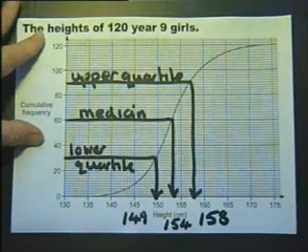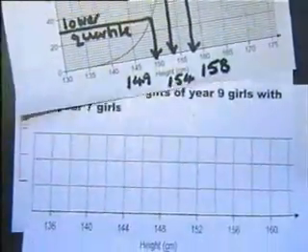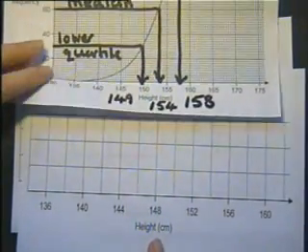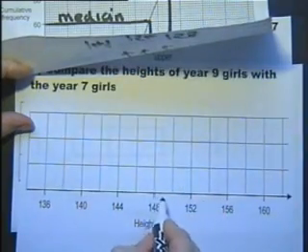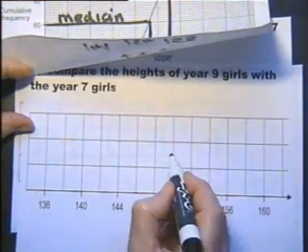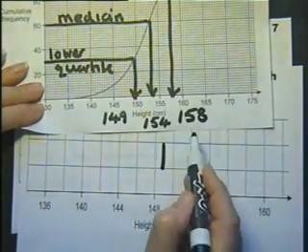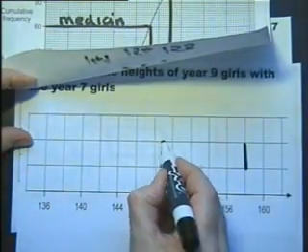So let's put that information on a box plot. We've got the lower quartile is 149, so let's put that. How's this going? This is going up in 2, so that's going to be there, 149. The upper quartile is 158, which is going to be there, so there's the box.